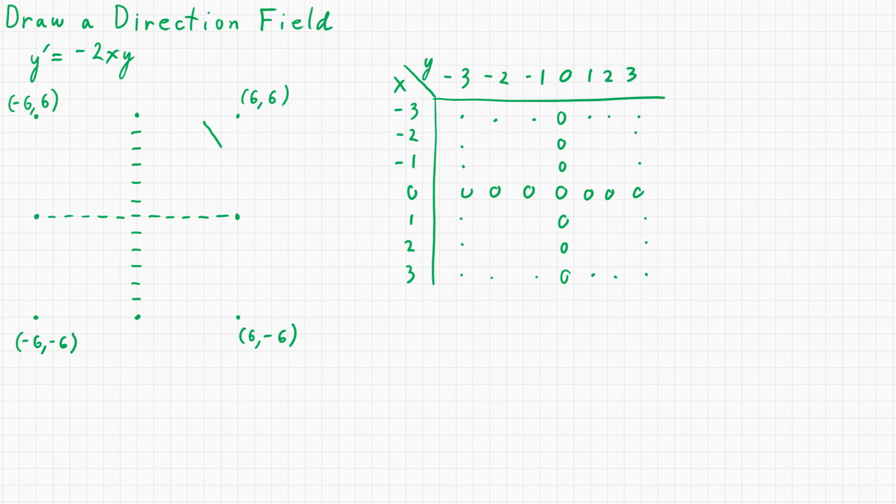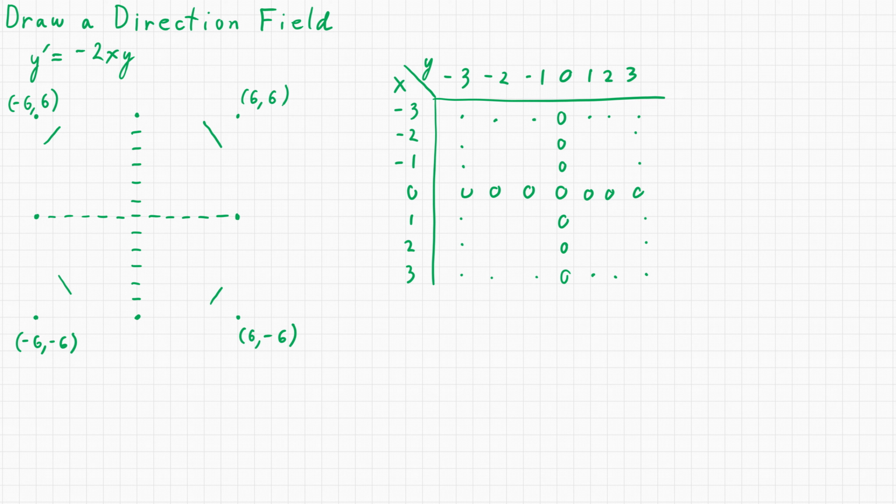When x is negative and y is positive in this quadrant, we get -2 times a negative x times a positive y, negative times negative times positive. All the slopes are positive. In this quadrant, when x is positive and y is negative, negative times positive times negative, it always comes out positive. When x and y are both negative, we get negative times negative times negative. That ends up being negative overall.